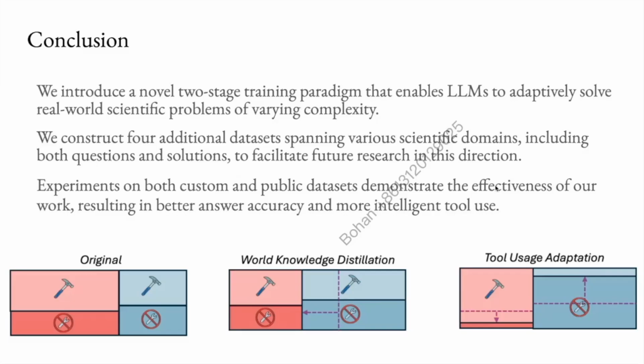Secondly, we construct 4 additional datasets spanning various scientific domains, including both questions and solutions, to facilitate future research in this direction. Thirdly, experiments on both custom and public datasets demonstrate the effectiveness of our work, resulting in better answer accuracy and more intelligent tool use.